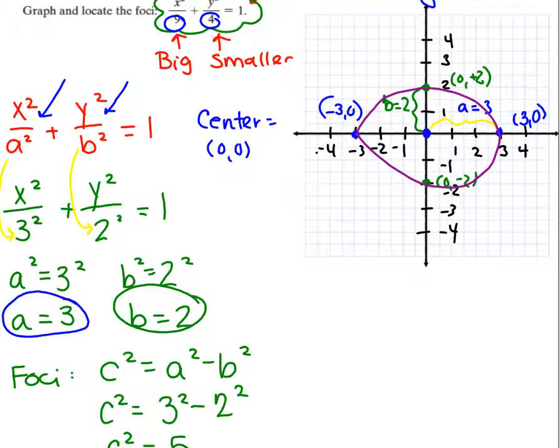And on the major axes, which is this distance between the blue ordered pairs, we're going to go square root of 5, which is about 2.3, so about there, and then 2.3 to the left, about there. We'll call this F and F. Those are your foci points. Those ordered pairs in exact form are square root of 5, 0, and negative square root of 5, 0.